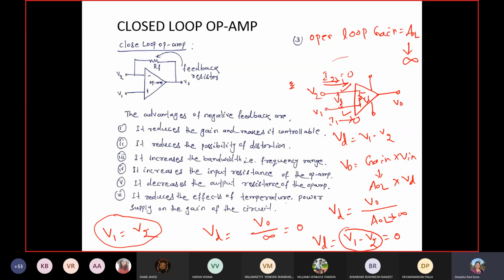Up to this you got, guys? How does negative feedback affect the input resistance? Already the property is there, no? It offers infinite input resistance. What's the difference between positive feedback and negative feedback?